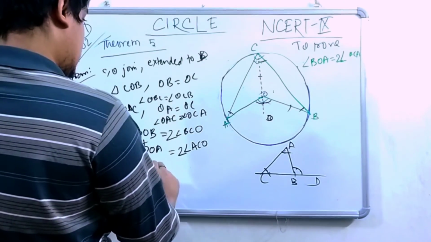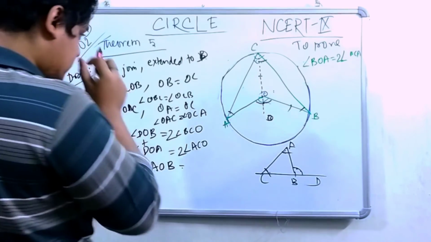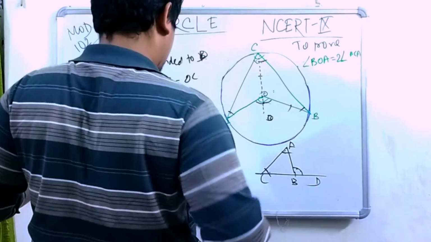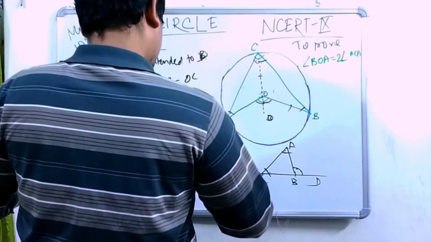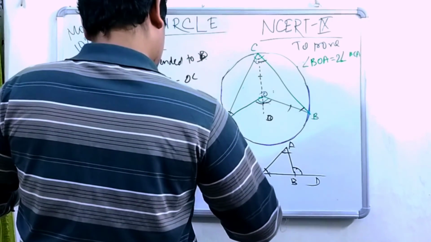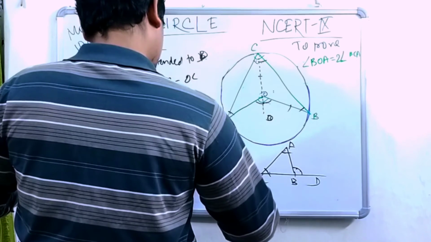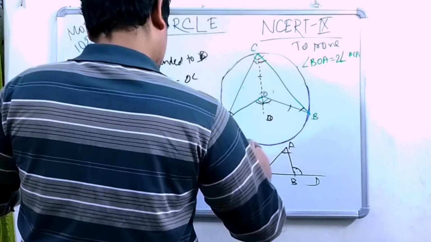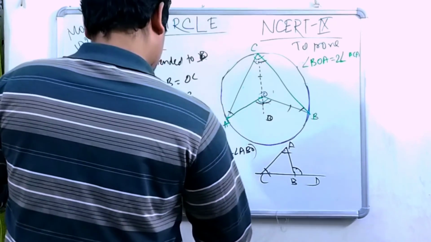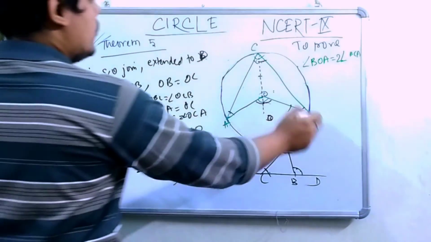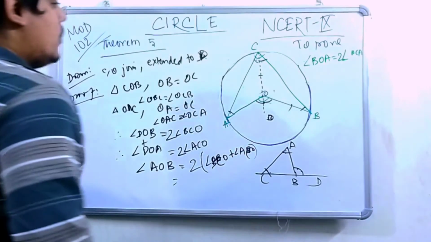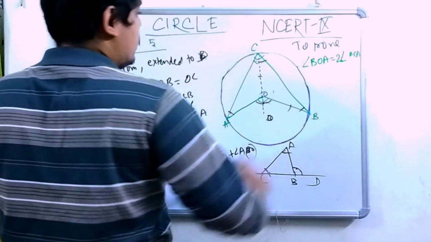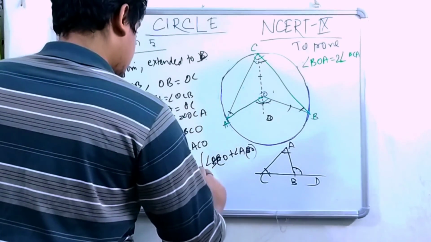I will have AOB, and twice of BCO plus ACO. Twice of BCO and ACO added together, what do we have? We will have twice of ACB.